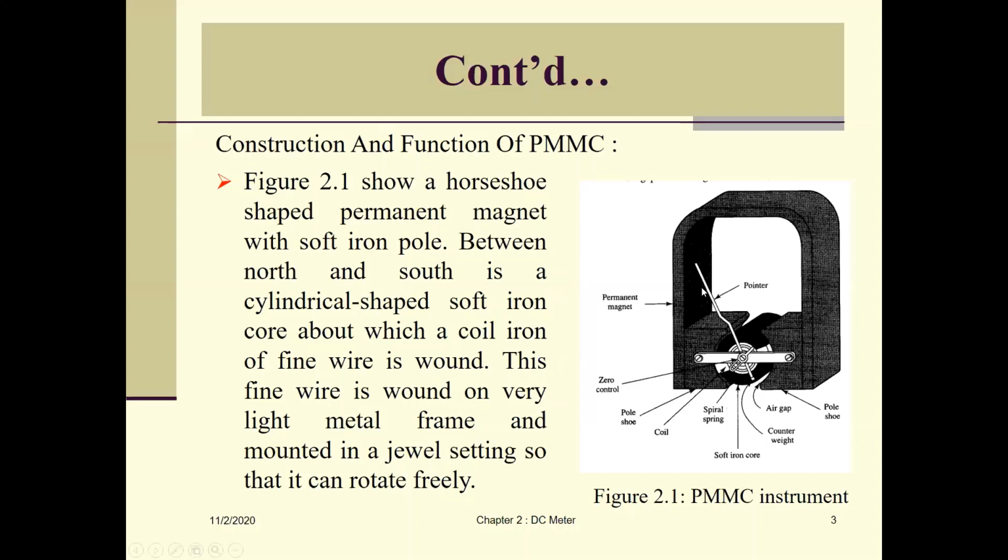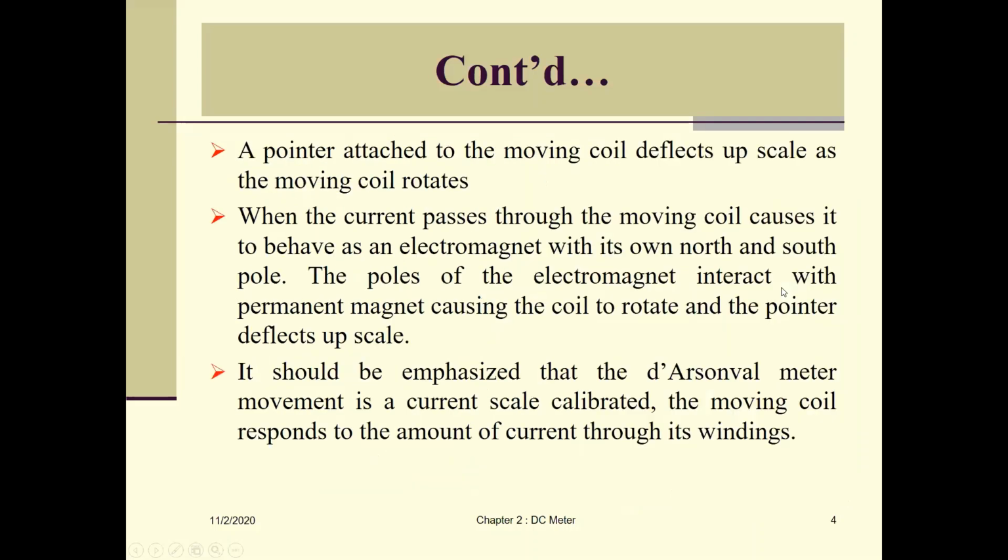This is the pointer. Actually, the pointer depends on the current. For example, a low current and moving to the right will be a high current. So the pointer depends on the current flowing in this winding. If you have a large current, our pointer will move to the right. That is the function of the D'Arsonval movement meter.